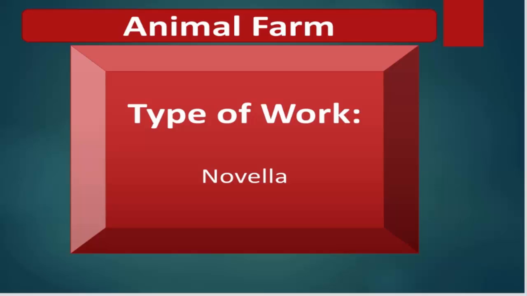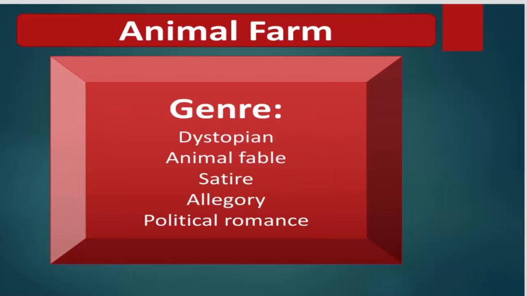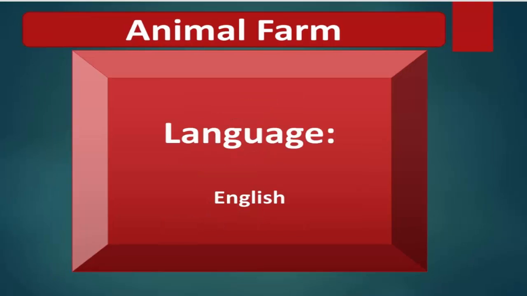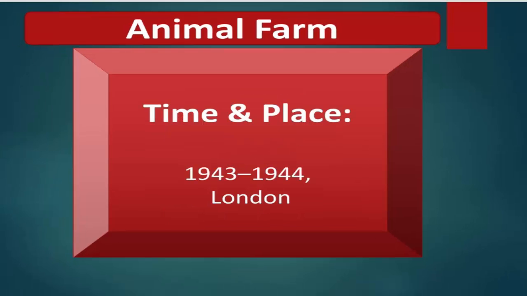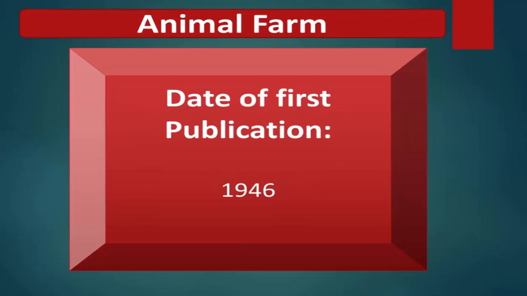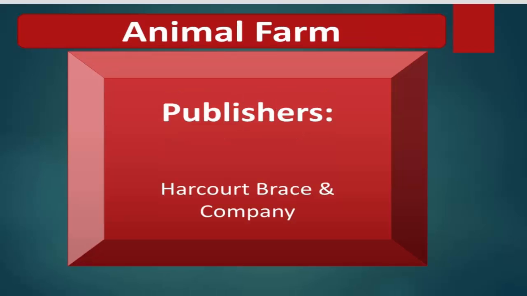It's not that big. Genre dystopian, animal fable or satire or allegory or political romance. Language English. Time and place written 1943 to 1944. So in between, in London again. Date of first publication 1946. Publishers Harcourt Brace and Company.